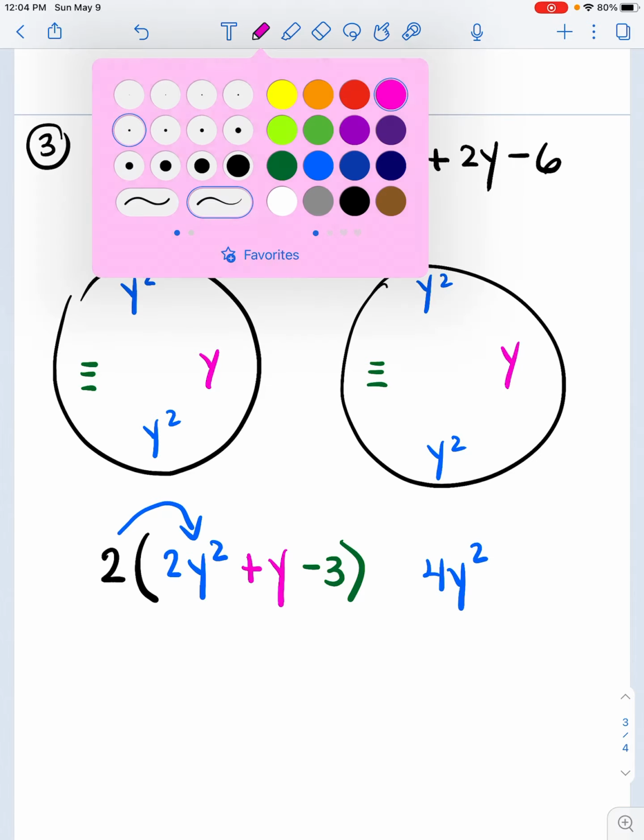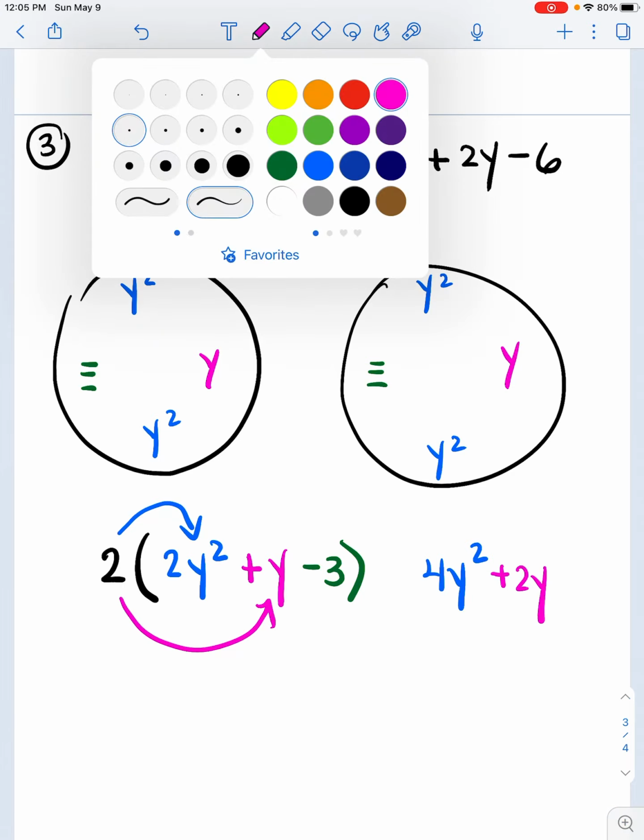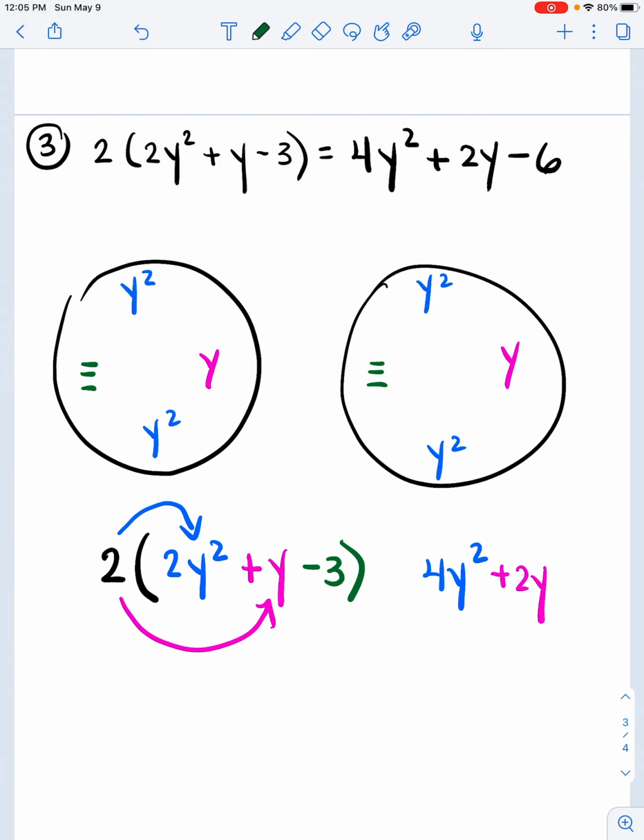And then we have 2 times y, which is 2y, and it's positive, so it's plus 2y. And then we're subtracting, right?